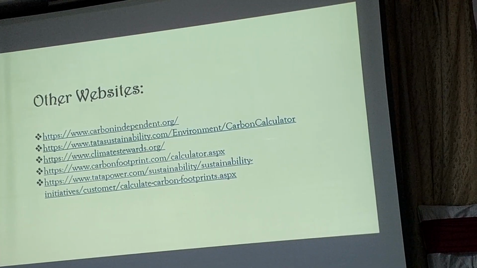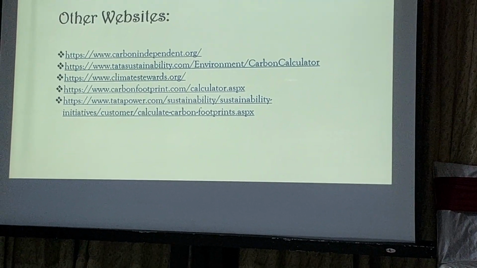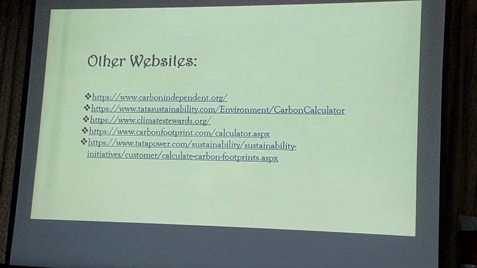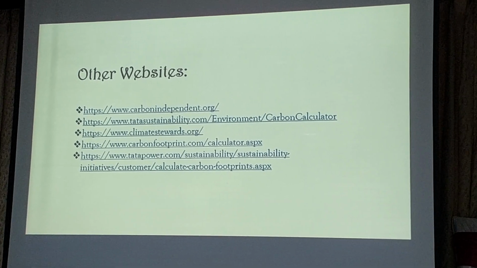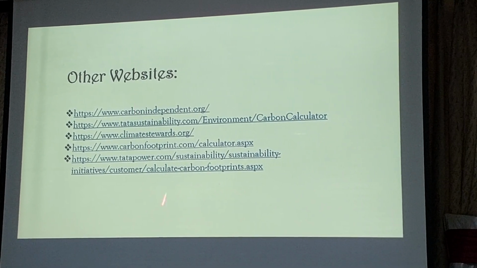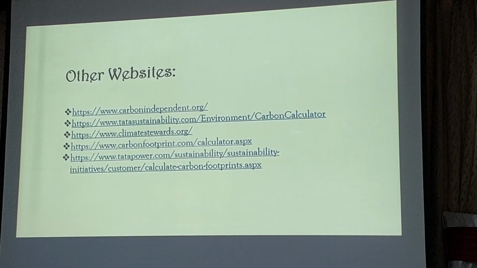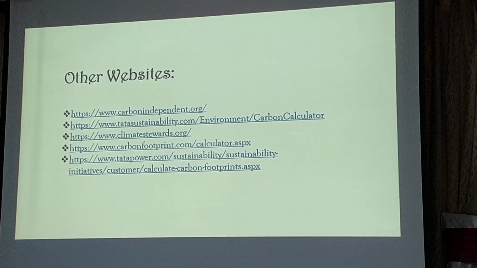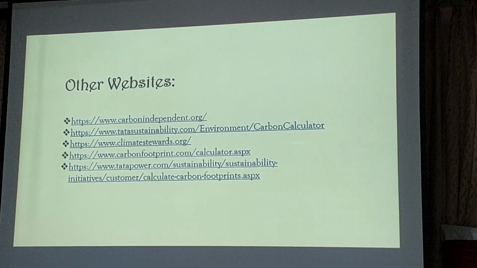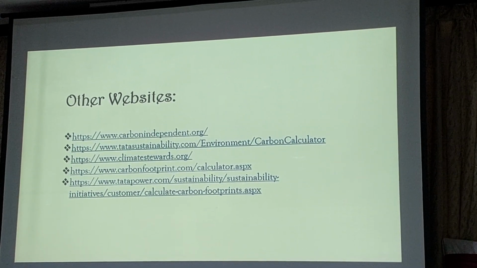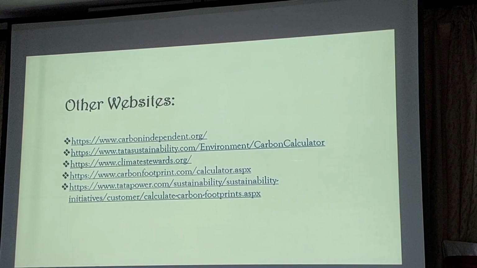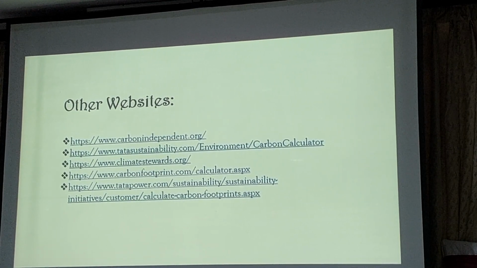So these are other websites which you can use to know your carbon footprint. Not only EPAM, you can visit other websites on Google. If you browse, you'll get so many websites to calculate your carbon footprint. Any of these is in Indian currency? Yes, one is in Indian currency, this first one, Carbon Independent. Tata also, tatapower.com, is also in Indian currency.